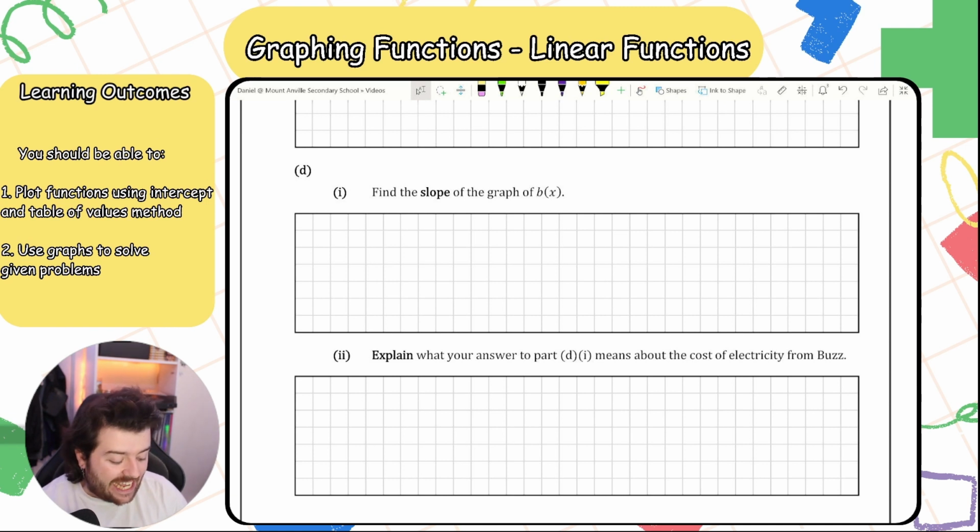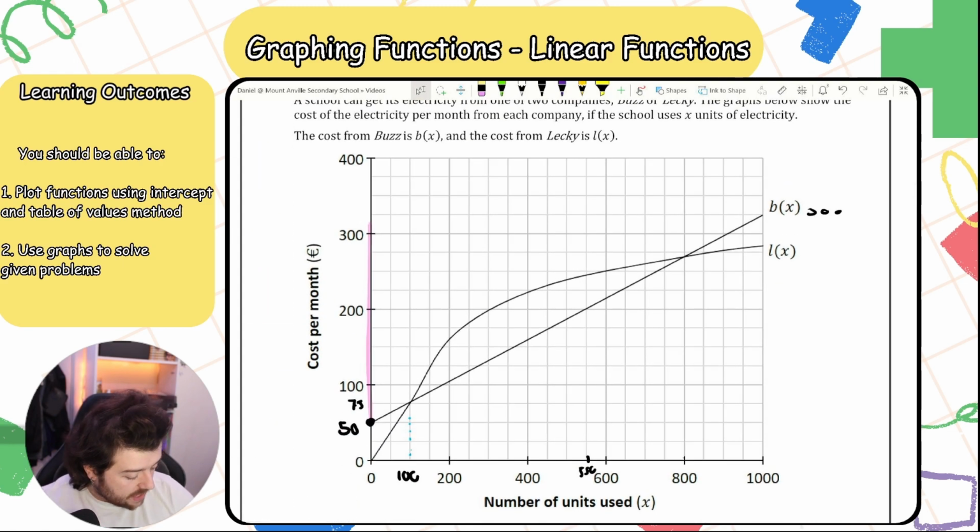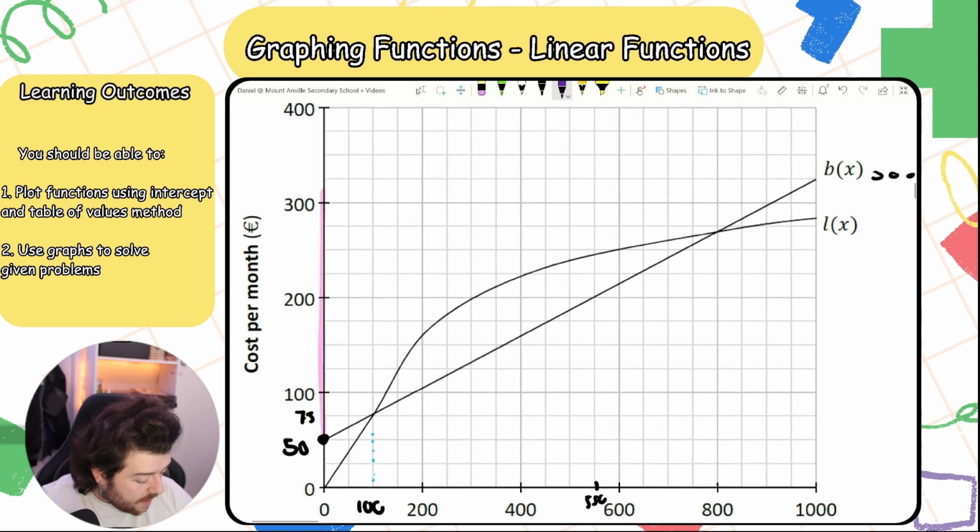Right, finally we're looking at part D. Find the slope of graph Buzz, or find the slope of the function for Buzz electricity. And then part 2 is asking, explain what your answer to part D means about the cost of electricity from Buzz. So first, let's calculate the slope of Buzz. We have two ways we can calculate the slope.